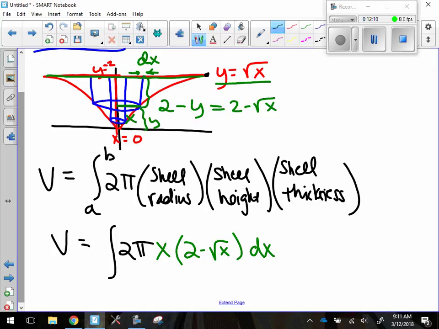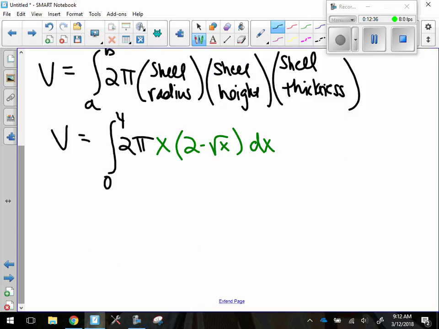So what's the x value have to be up here? So that point's going to be 4, 2. And remember, it's my radius here that's x. So what's the range of values that my radius can have? 0 to 4. All right, and then we just do this integration.